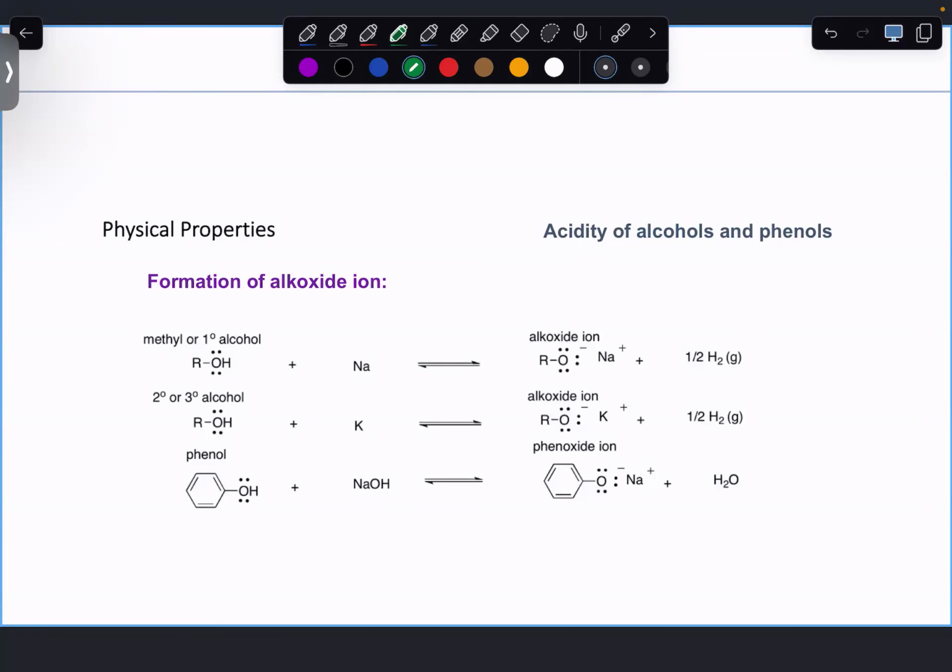But then our bulky base was always potassium tert-butoxide. Well, that is why. If you're trying to deprotonate a tertiary alcohol, it is a lot more work than it is to deprotonate a primary alcohol, like a methoxide or ethoxide.